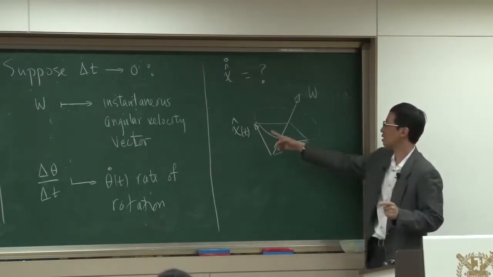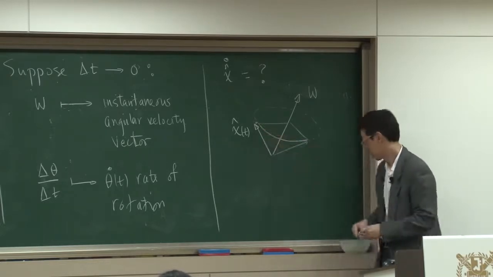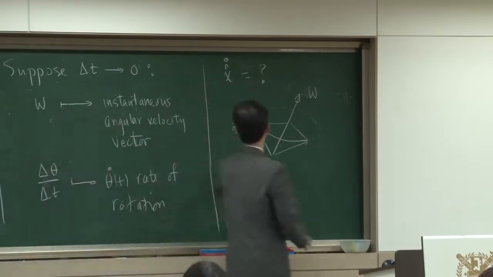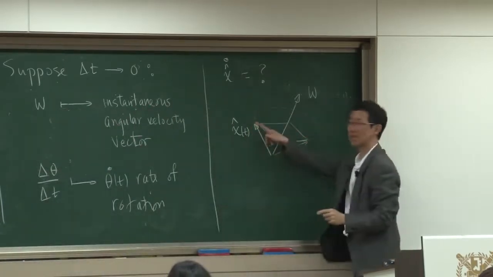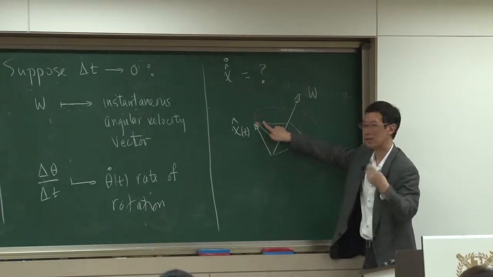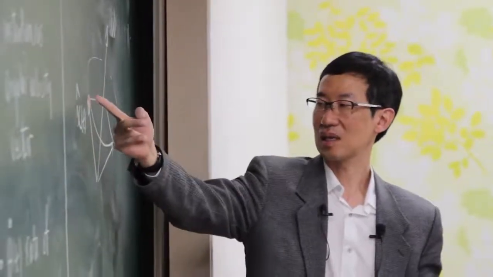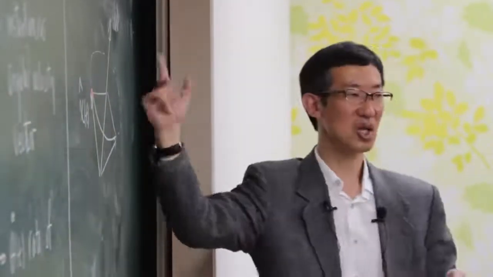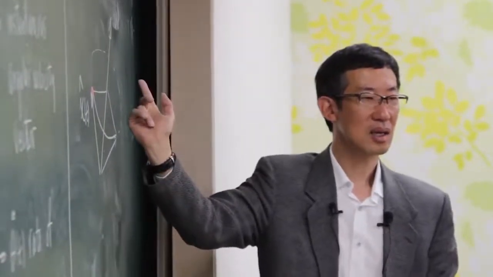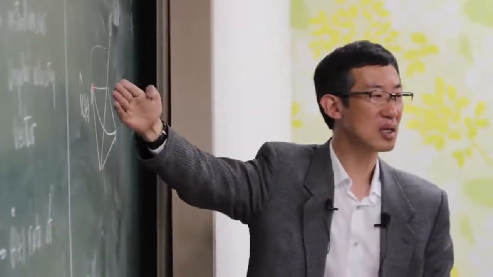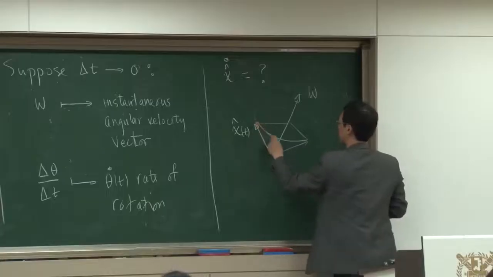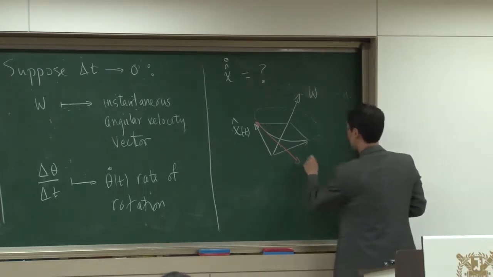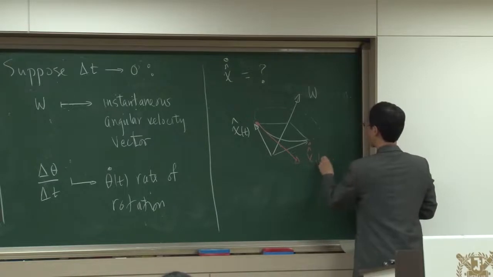So I want to know, what is the velocity of this point at the instant shown? If you think about it, this is tracing a circular path, assuming this doesn't change orientation. The velocity always points tangent to the path, so x hat dot is pointing this way.